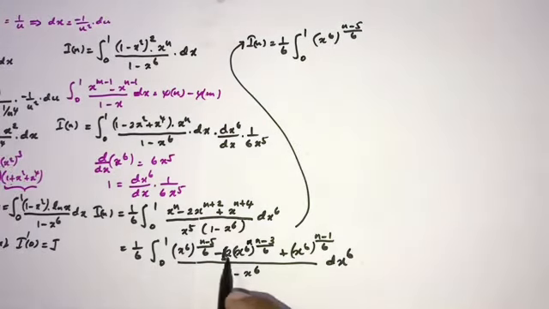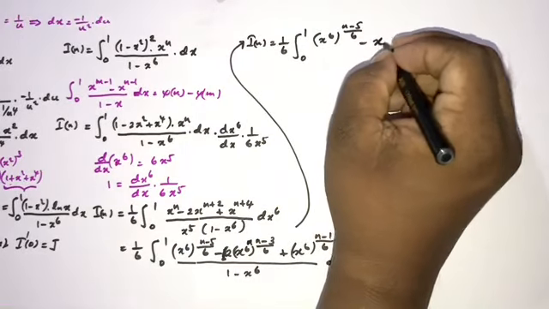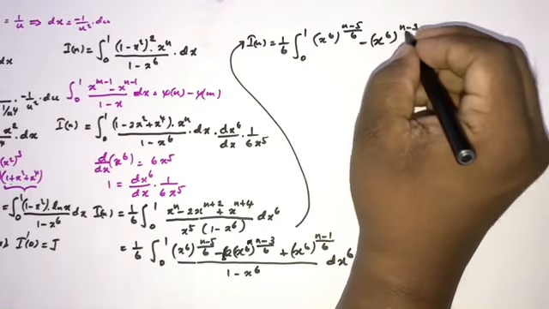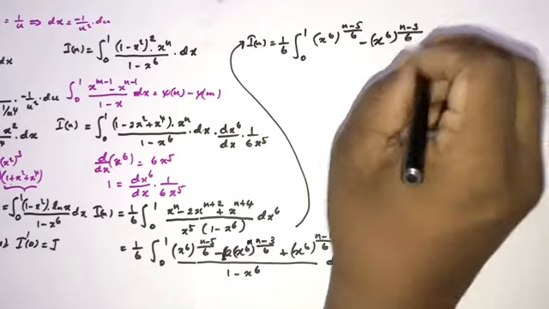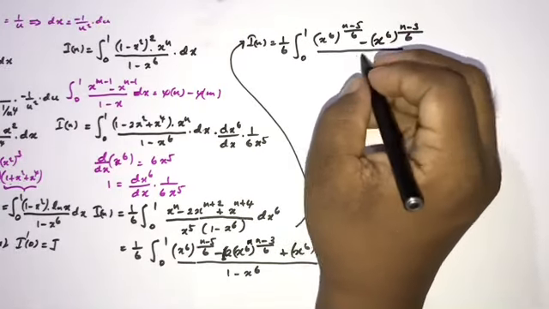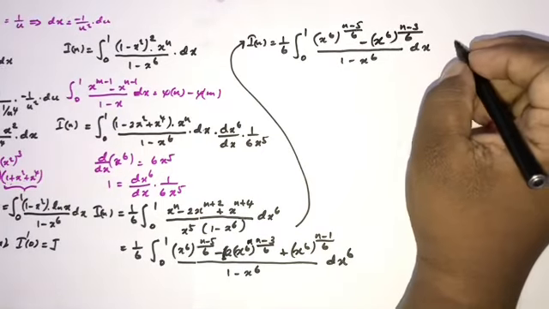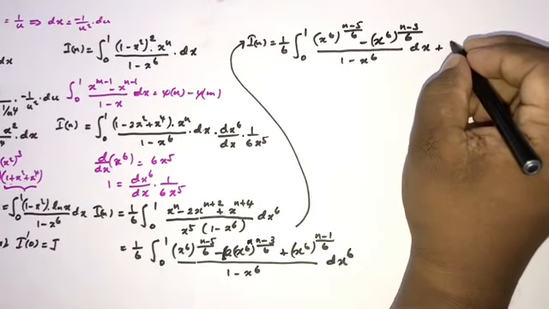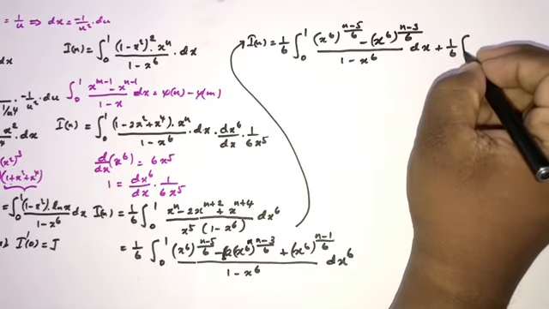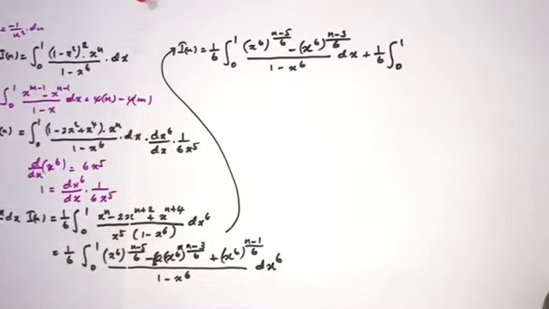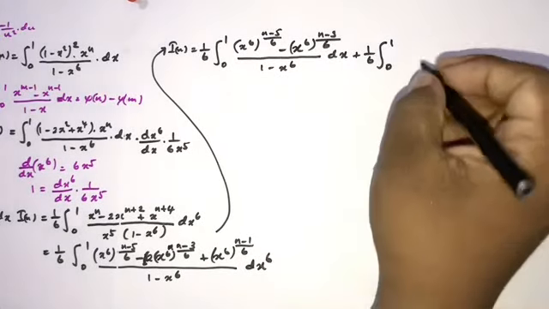Then here we have 2 times x to the 6 power raised to the n minus 3 over 6. So I am going to take minus x to the 6 power raised to the n minus 3 over 6 over 1 minus x to the 6 power dx, then plus again 1 over 6 integral from 0 to 1.